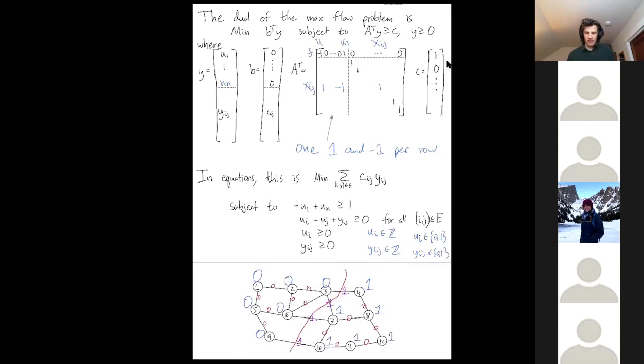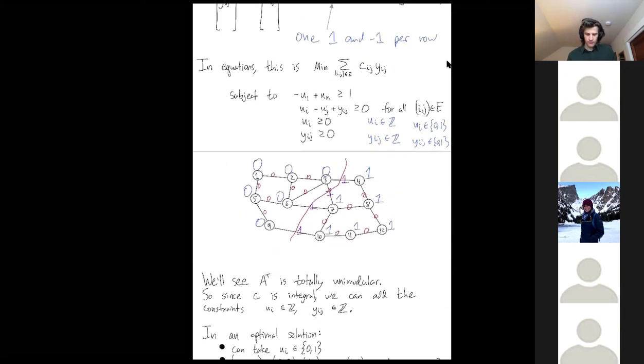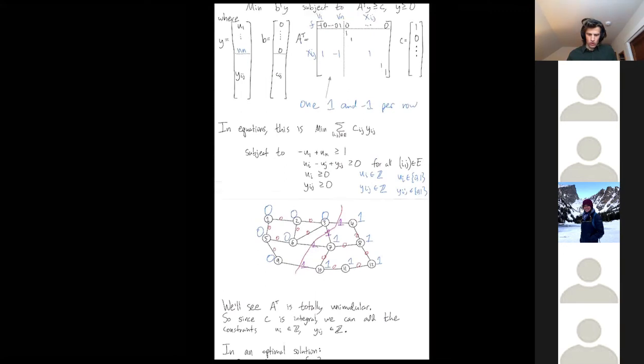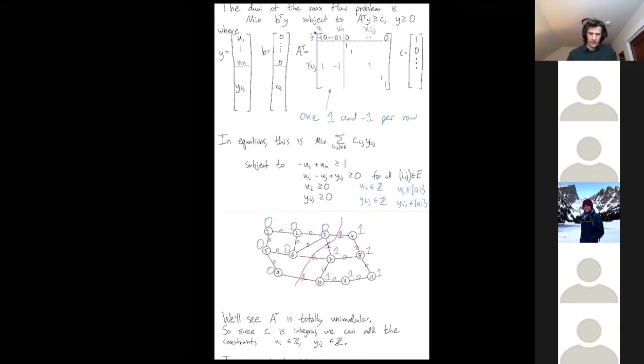Let me back up some of these unsubstantiated claims a little bit. We'll see on Thursday that this matrix is totally unimodular, meaning that any square submatrix has determinant 1, -1, or 0.